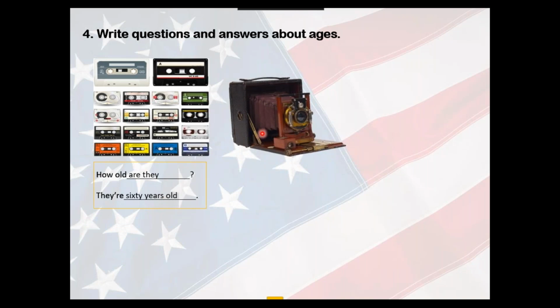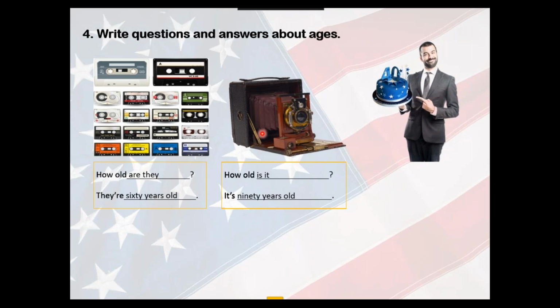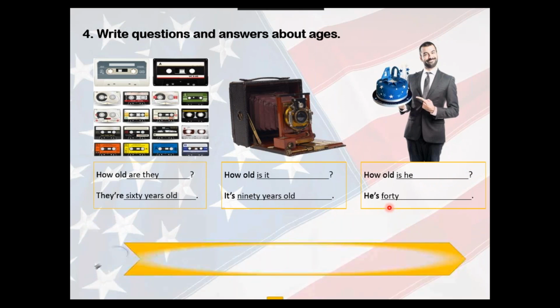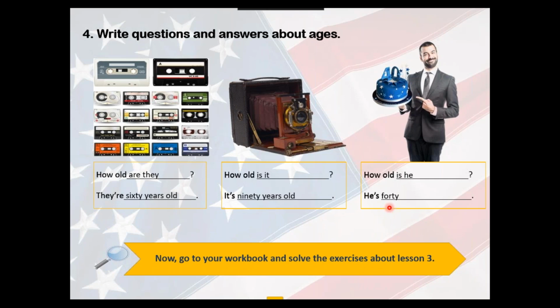My question, how old is it? The answer, it's 90 years old. Another, we see a man. My question, how old is he? He's 40. Okay, perfect. That's the end of the lesson. Thank you so much. Now go to your workbook and solve the exercises about lesson 3.